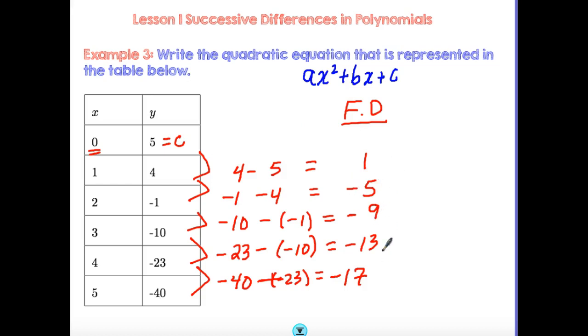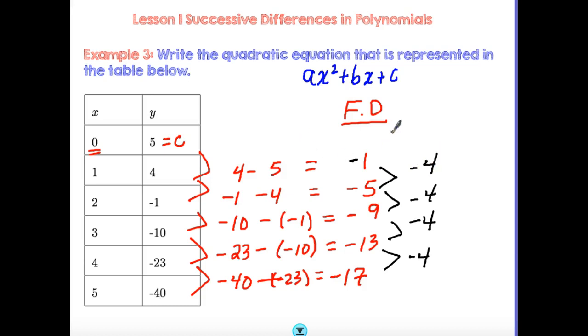If you take the second differences now, notice how if you go up, you're getting larger. So this would be negative 17 plus 13, that's negative 4, right? And then this one's negative 4, and negative 5 minus negative 1, which is negative 5 plus 1, which is negative 4.